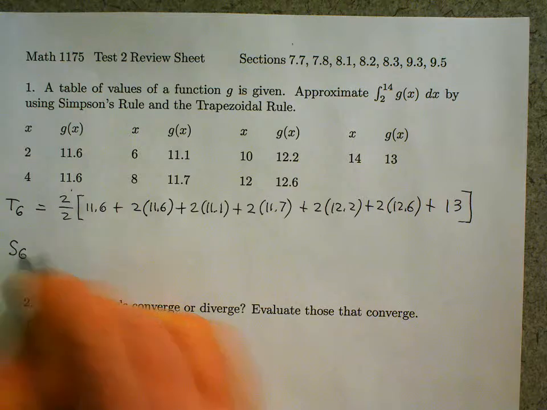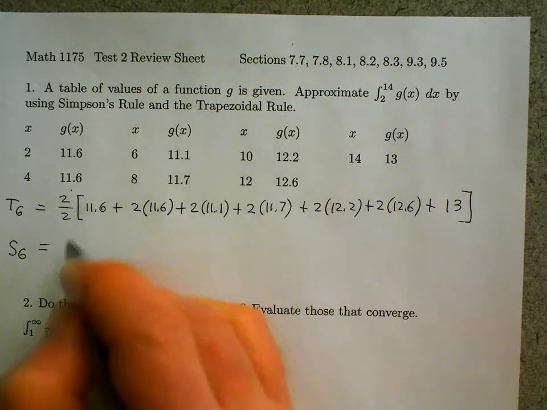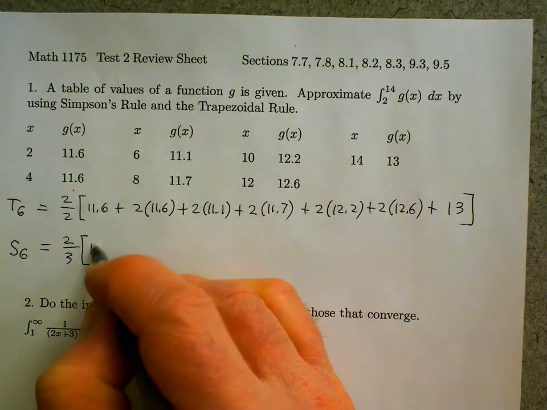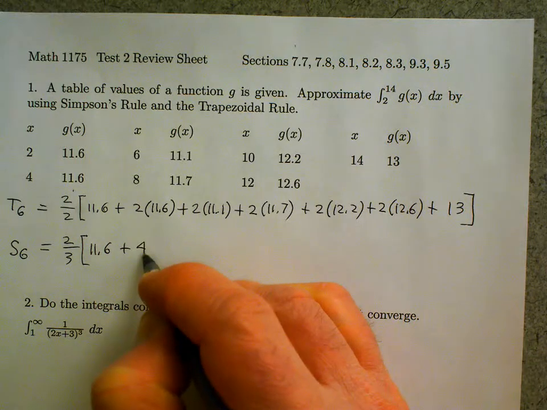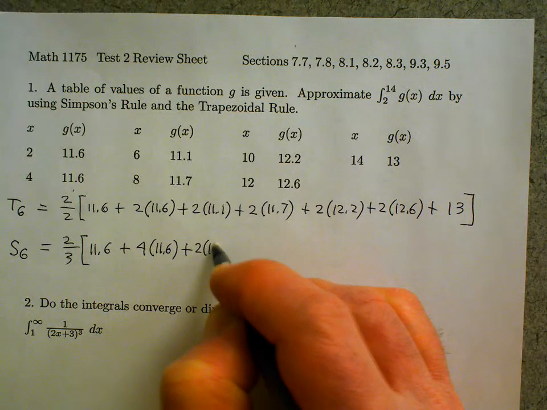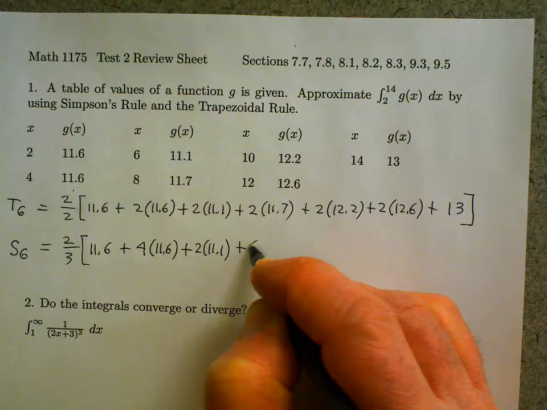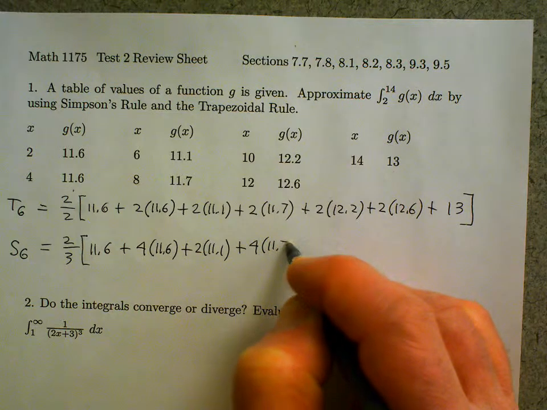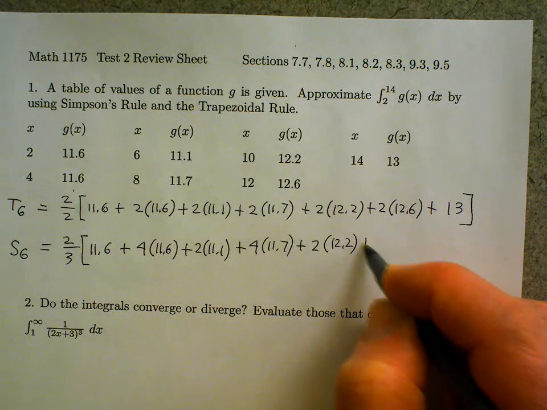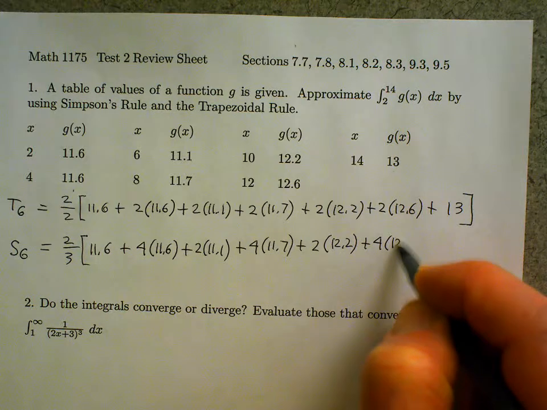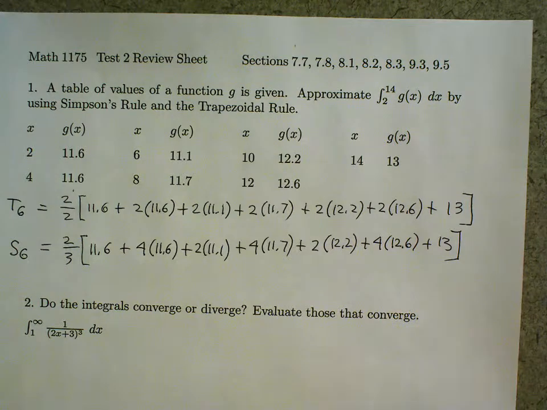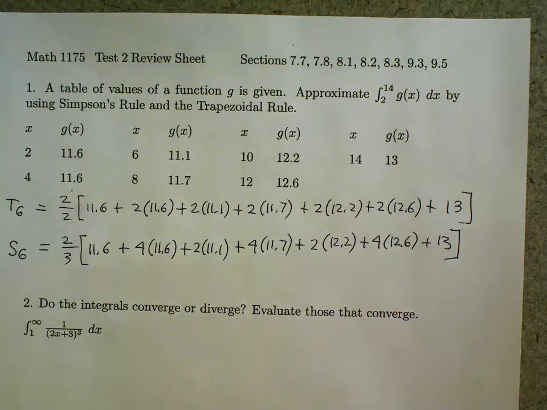Using Simpson's rule, the approximation is 2 over 3, that's delta x over 3, and then 11.6 plus 4 times 11.6 plus 2 times 11.1 plus 4 times 11.7 plus 2 times 12.2 plus 4 times 12.6, and then plus 13. In general, Simpson's rule is a better approximation.